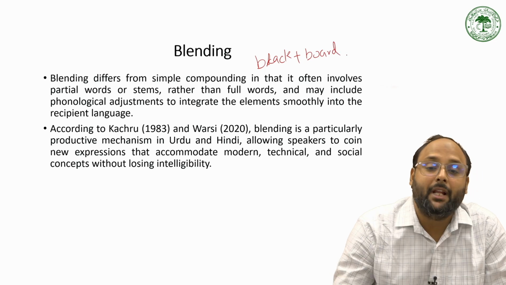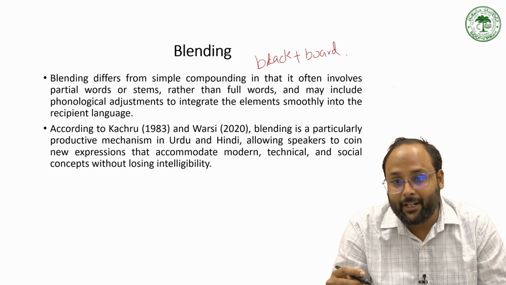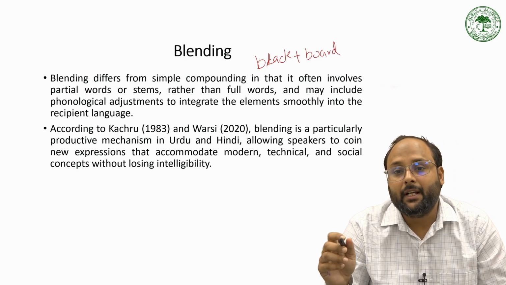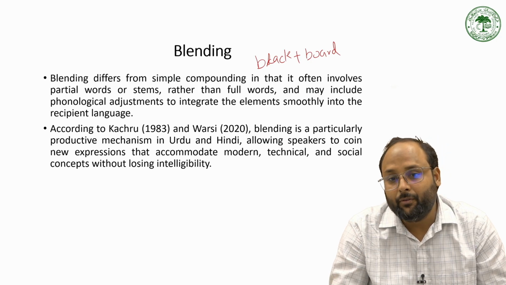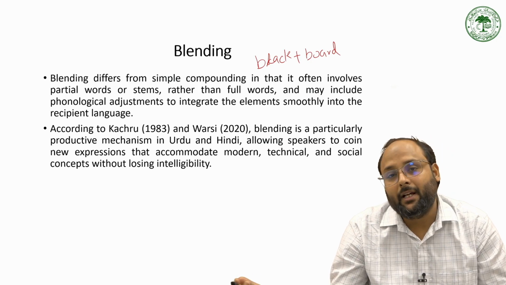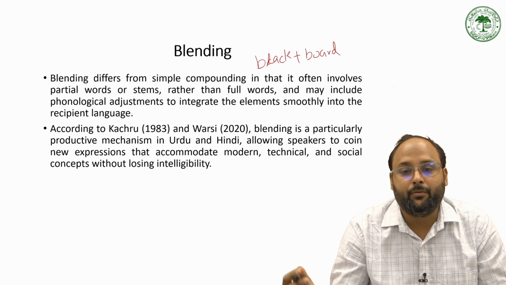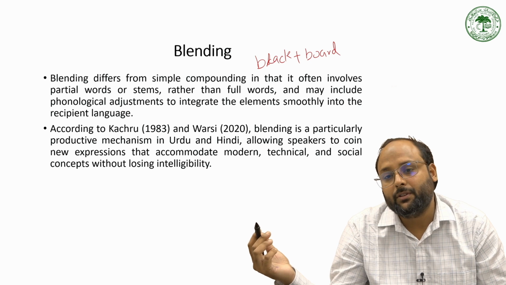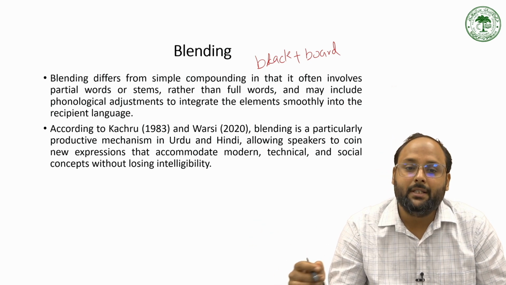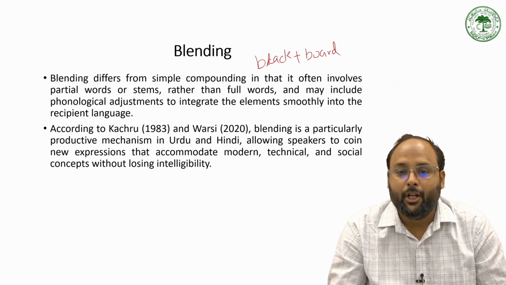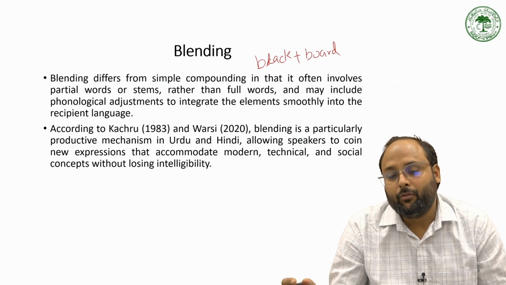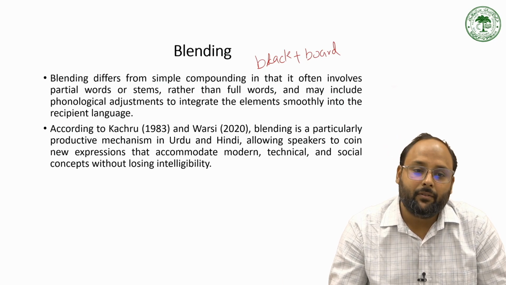So it becomes blackboard. But in blending, we take the example of two different languages. One is from Urdu and the other is from English. One is from Hindi and the other from another language. So that is the coining of a new expression by accommodating foreign words and native words together.